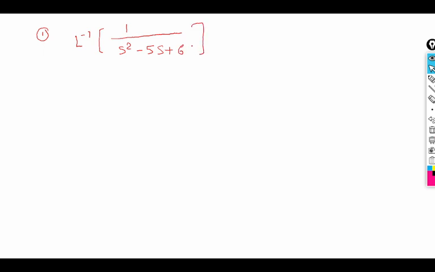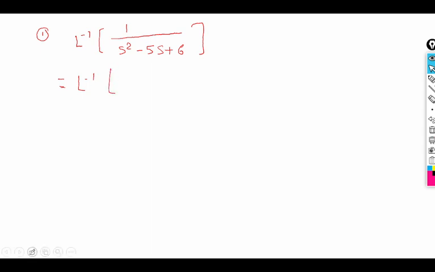You'll observe the denominator is s square minus 5s plus 6, and we have factors for this quadratic equation. Whenever the factors are available, write the factors and do it by partial fraction. If the factors are not possible, you can go for completing the square and find the inverse Laplace. In this case, the equation can be written in factor form.